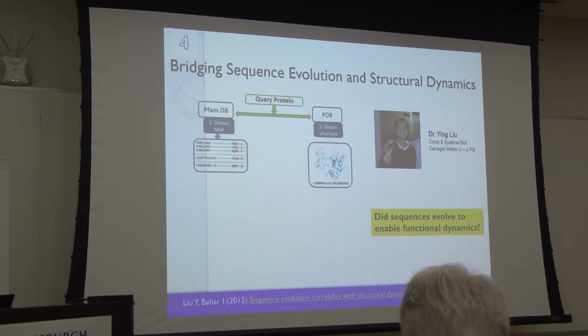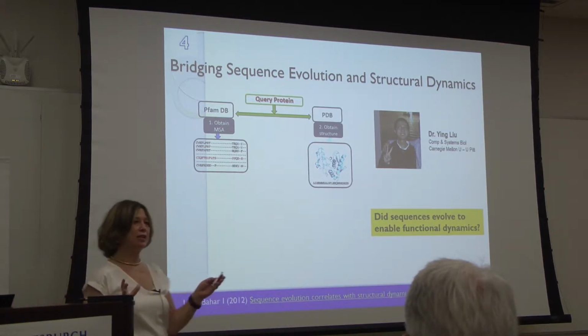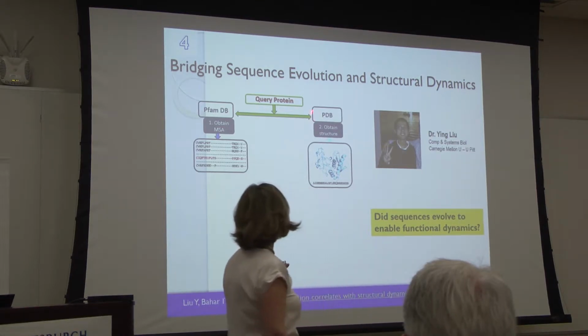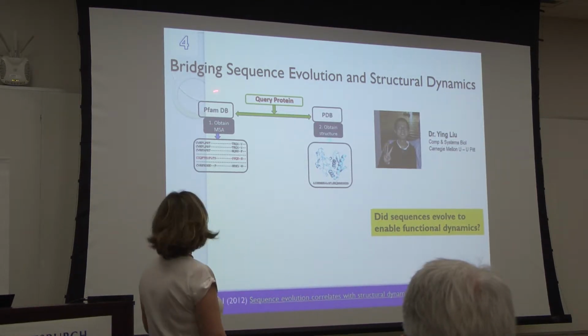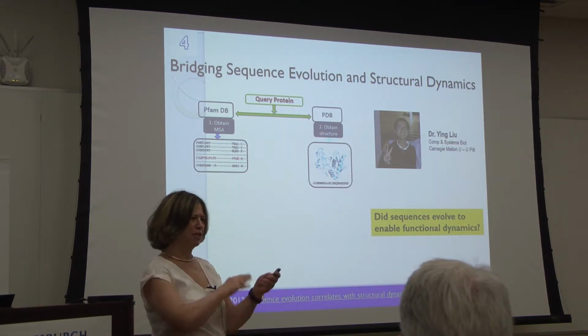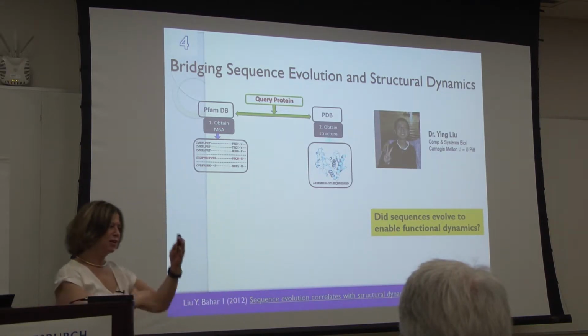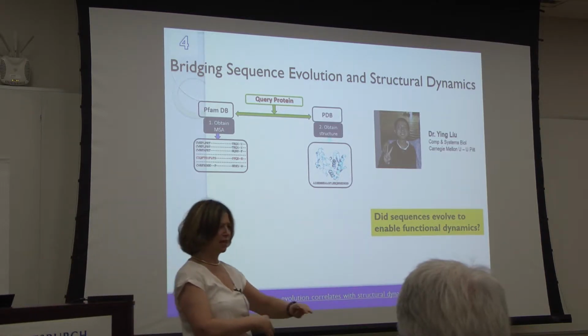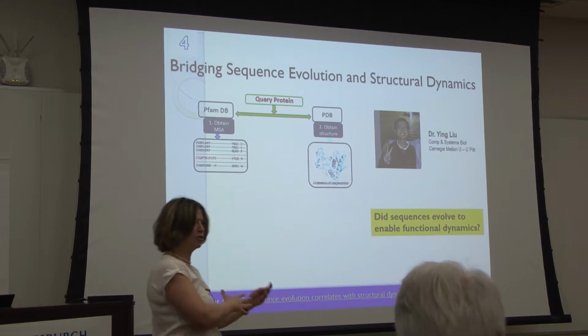So this is the way we approached. Now, suppose you have a query protein. I'm going to take advantage of not only the information in the PDB, but also that in the PFAM database. This is a database of protein families where they give sequence alignments. And you have multiple sequence alignments that have been generated using machine learning algorithms.